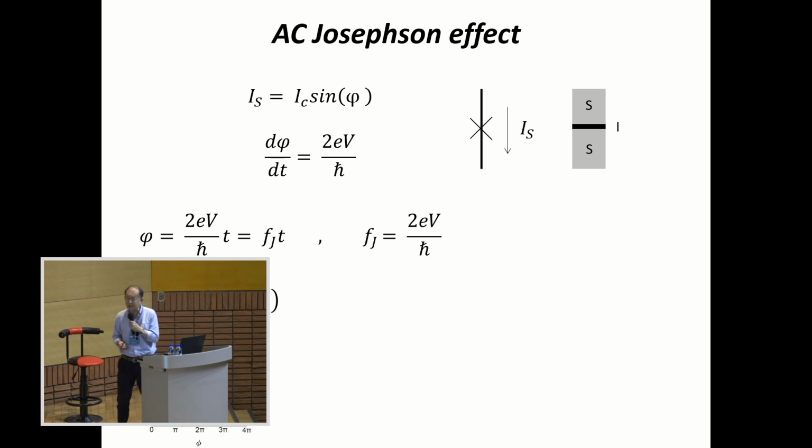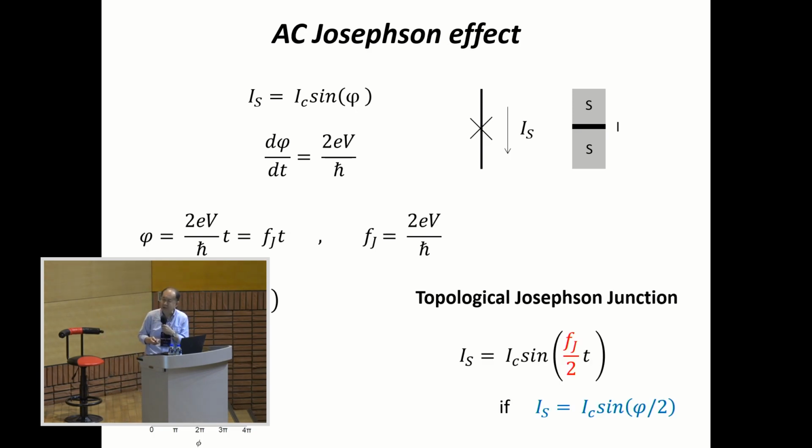So if the junction is voltage biased, the current oscillates with a Josephson frequency Fj. If the current phase relationship is like this for the topological case, then the AC current would have half the Josephson frequency.